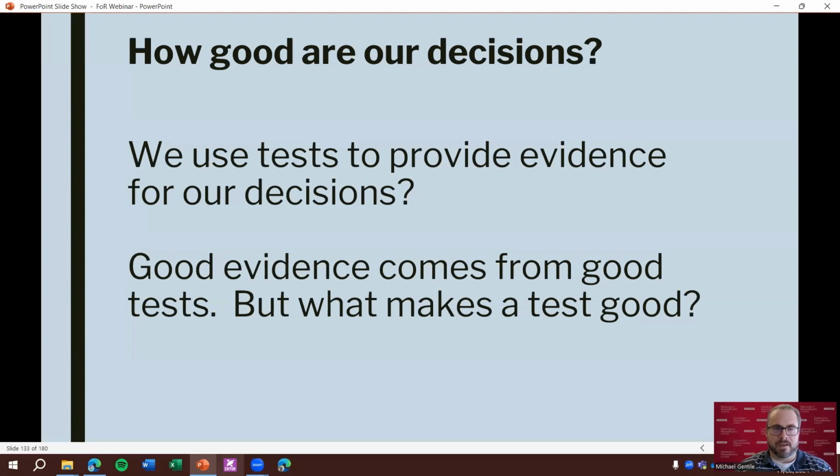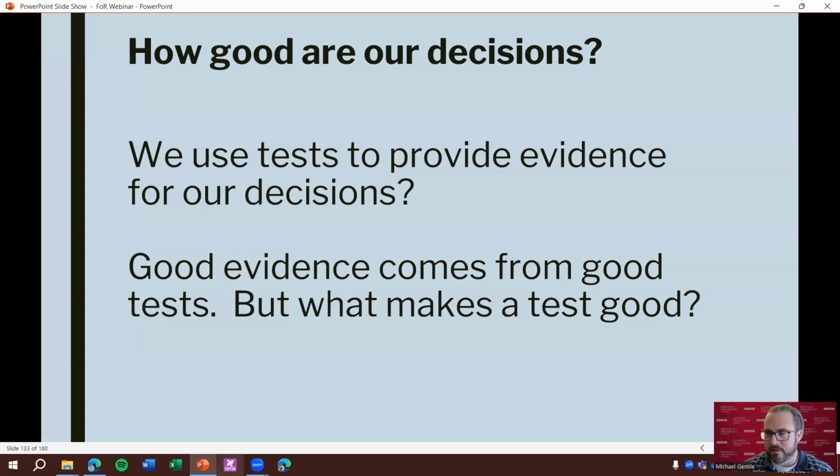And we're not just relying on our biases and intuitions and observations, which might be limited, to make instructional decisions. We're trying to make them as data-based as possible, right? We want to do data-based decision making. So we use assessment to provide evidence for our decisions.